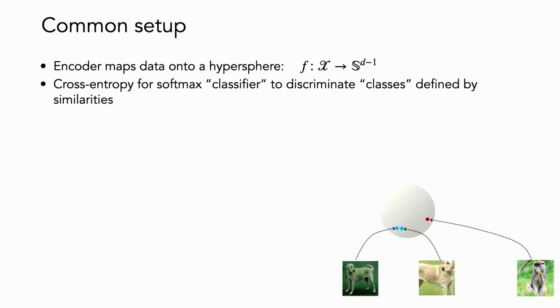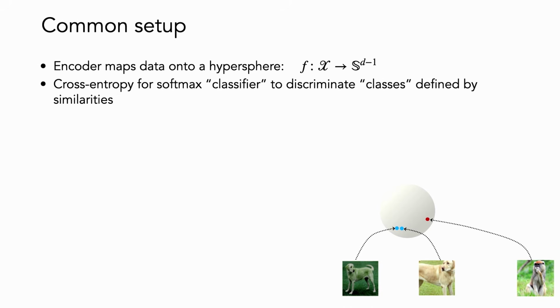So a common setup for this type of self-supervised representation learning would be that we're going to have some encoder, right, some function that will map our data onto a hypersphere. So again, we're normalizing to enforce everything to be on the hypersphere. And we'll define some cross entropy for a softmax classifier that will discriminate classes based on similarity.